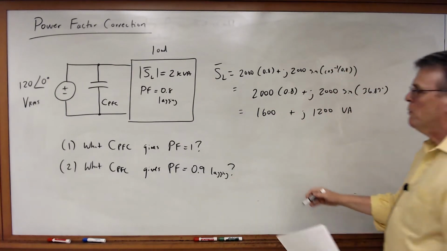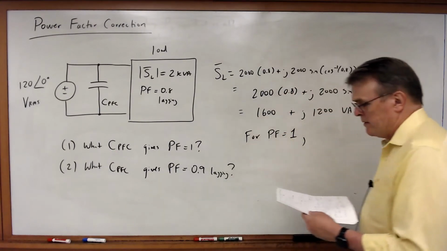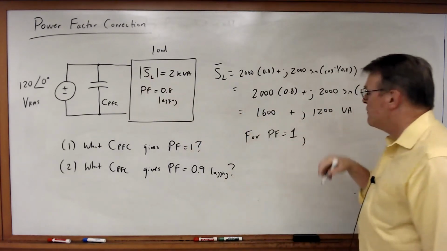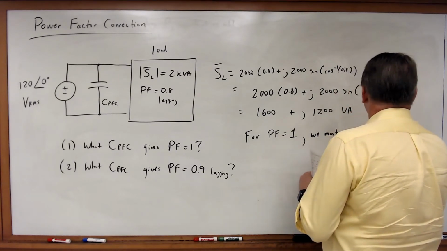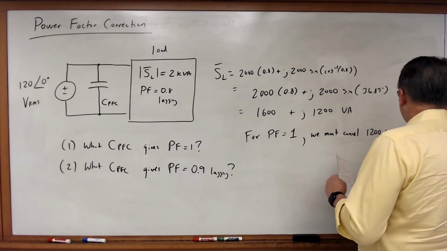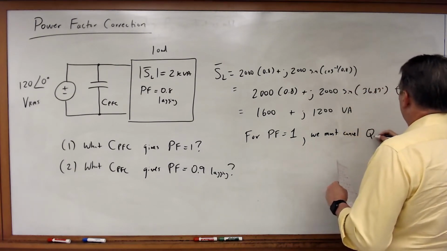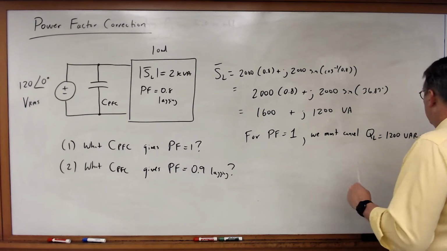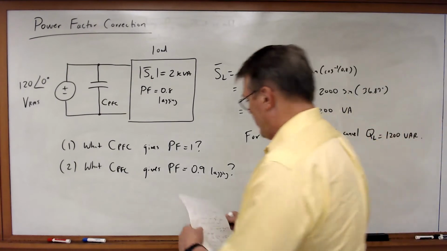So for a power factor equal to 1, if I want a unity power factor, then what I want is to cancel the 1,200 VARs of the load. So I must cancel that out with my power factor correction capacitor. Another way to think about it is this.